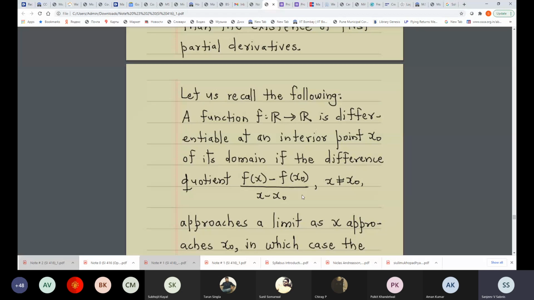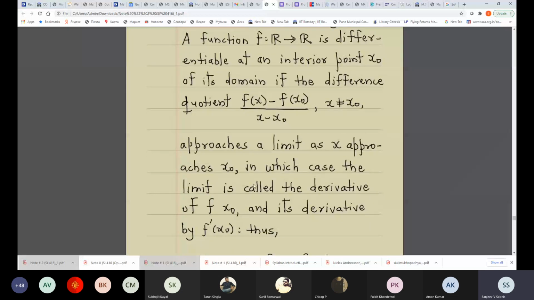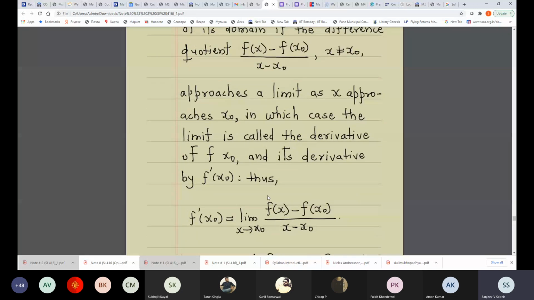So this is the definition. Here we are talking about a function of one variable from R to R, and so the limit as x approaches x0, if this limit exists, is called the derivative of f at x0, and it is denoted by f prime of x0. This is the basic definition again.